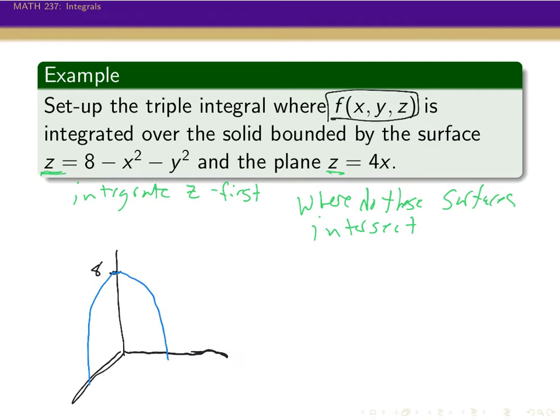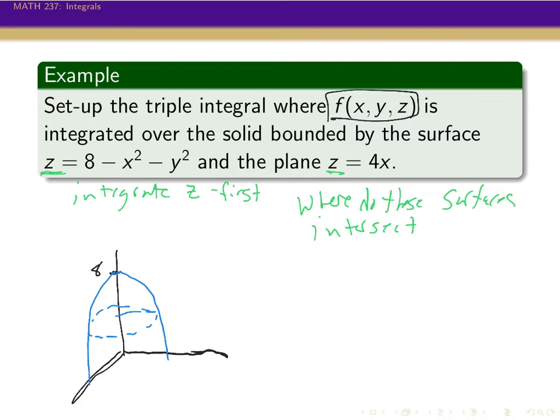And if we set z to be a constant, then you have a constant equal to 8 minus x squared minus y squared. We can move the x squared plus y squared to the other side, and you're going to end up with circles in some sense. And so the cross sections here are going around like a circle.